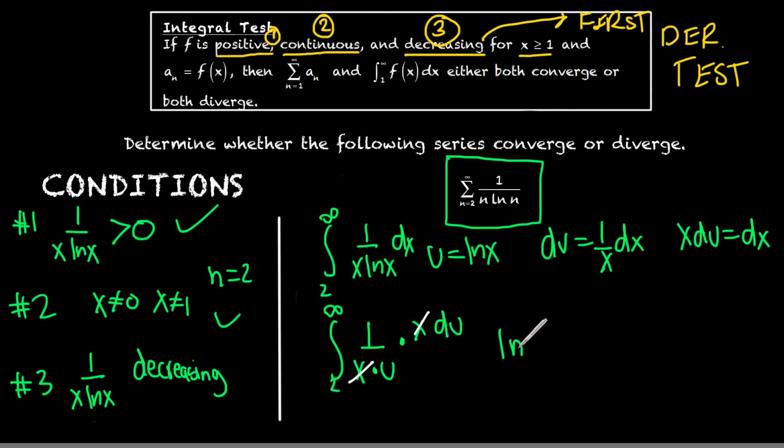Now, u is natural log of x, so we actually have natural log of the natural log of x, and we're integrating this from 2 to infinity. So we're going to plug infinity in, and we have the natural log of, well, the natural log of infinity is infinity.